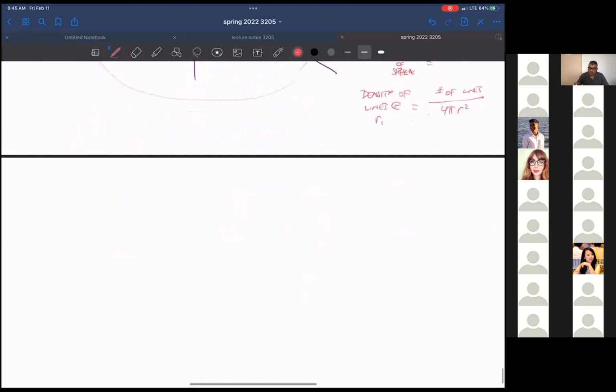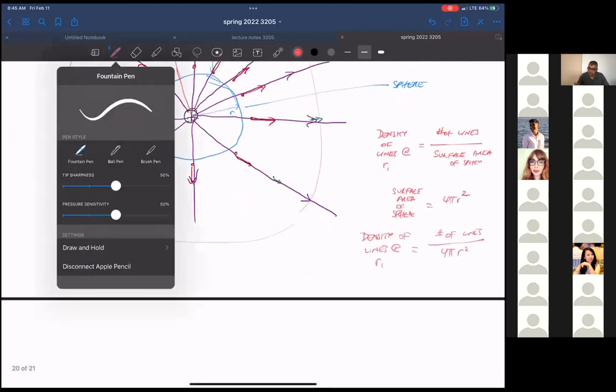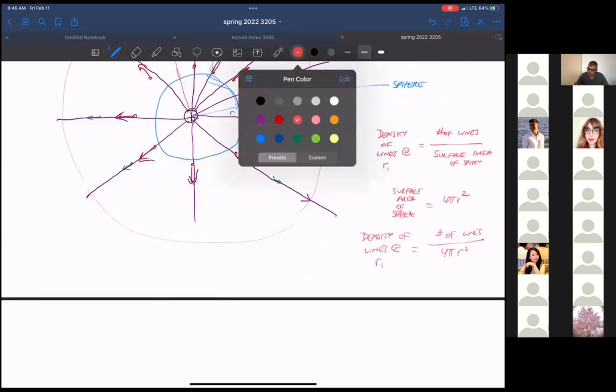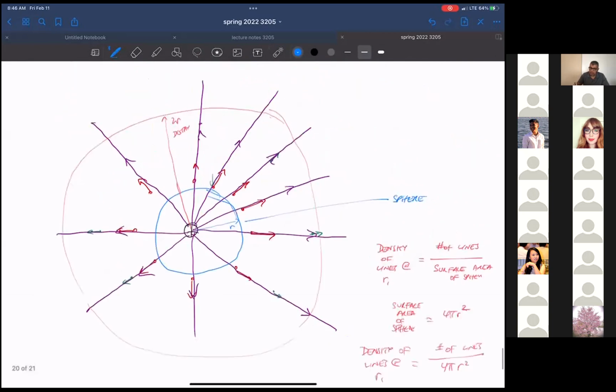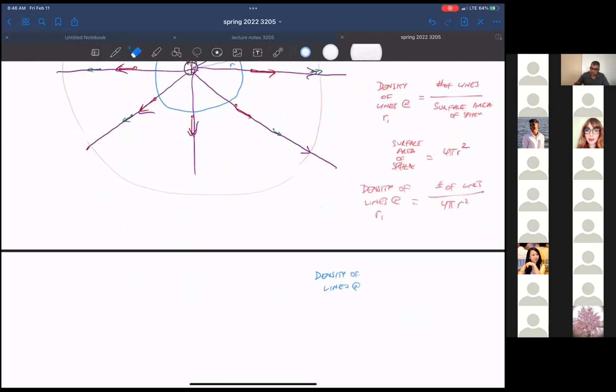Okay, now let's look at the density of lines at R2, at 2R. So this guy is the density of lines here in this sphere, and what I'm about to calculate is the density of lines out here.